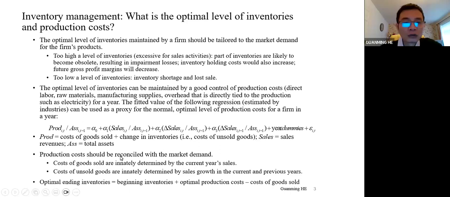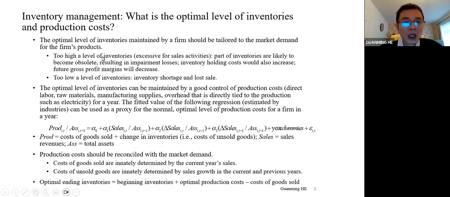So in order to figure out the optimal level of the production cost, we need to first know the optimal level of inventories. And this optimal inventories level should be tailored to the market demands for the firm's products. The inventories should not be at too high a level or too low a level.